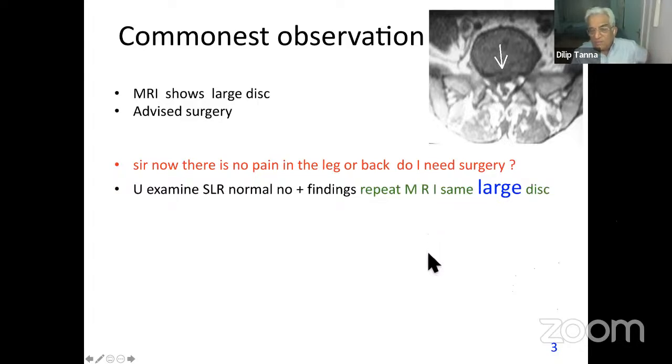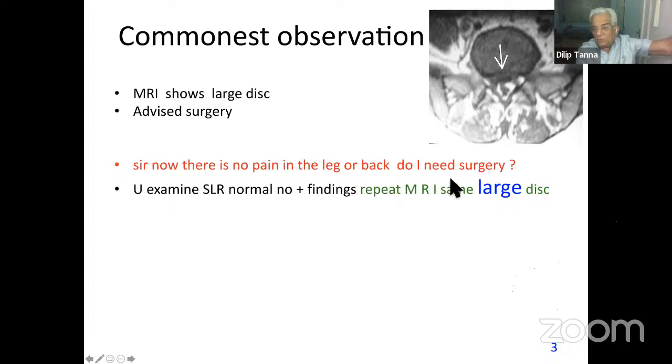The disc which is there is purely a finding of displacement of the water. As a matter of fact, even after surgery, if you remove the whole disc and do an MRI, you will still see the image of a disc. So the image of a disc is not positive.